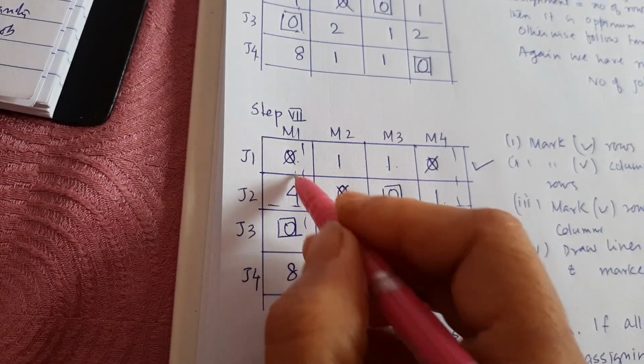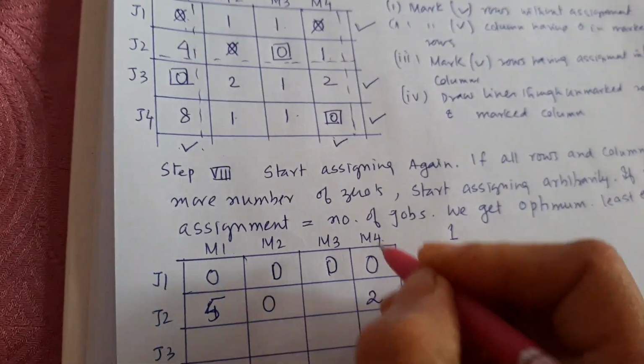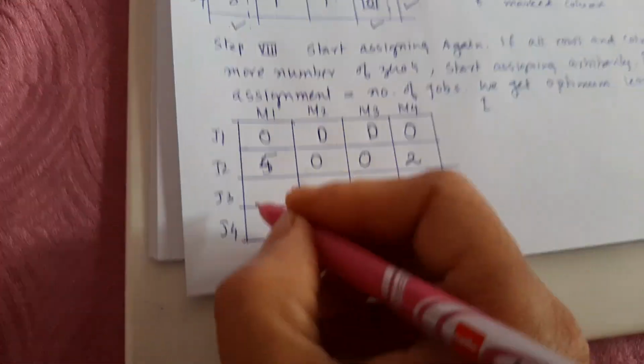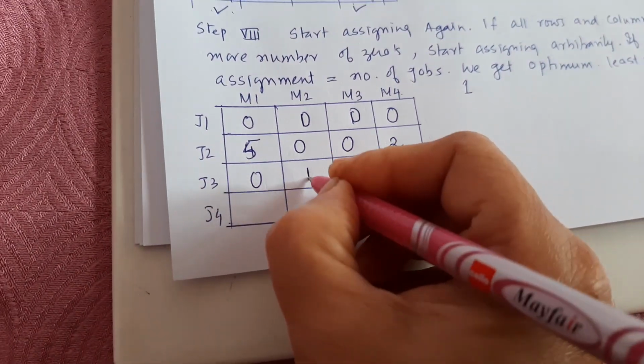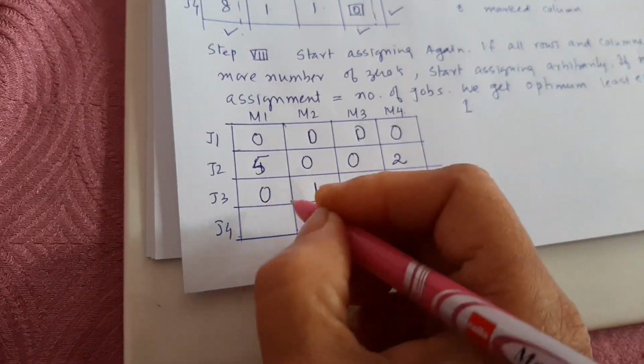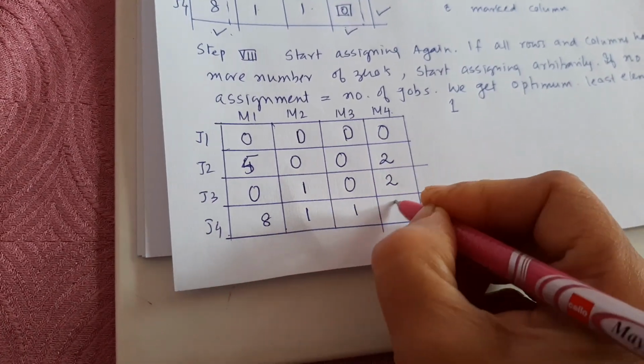4 plus 1, this is an intersecting line. So this value will be 2 because 0 plus 1, this will remain as 0, this will remain as 0, 2 will be minus 1, so 1, 1 will be 0, and 2 will remain as 2, 8 will be 8, 1, 1, 0.